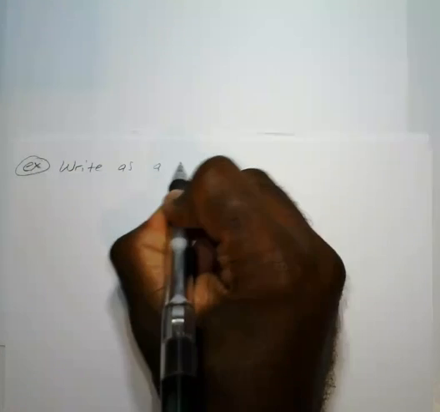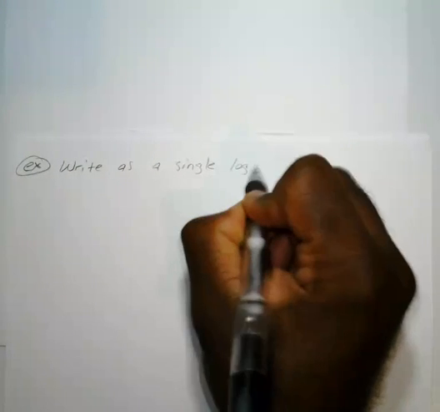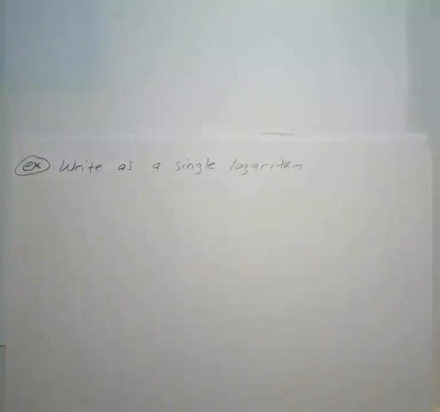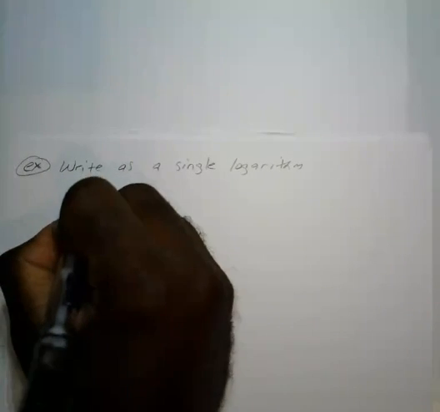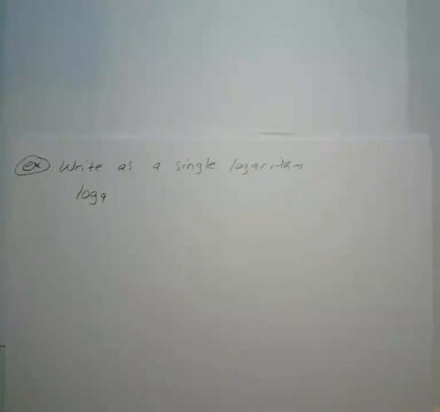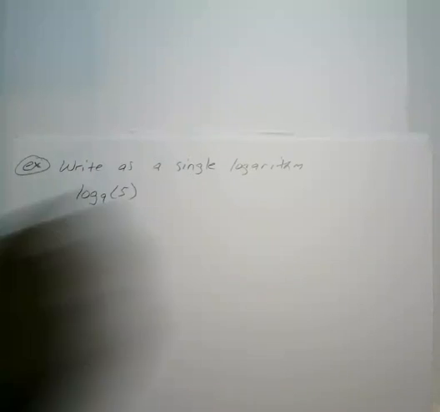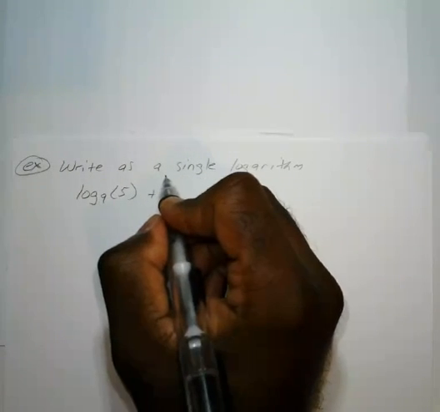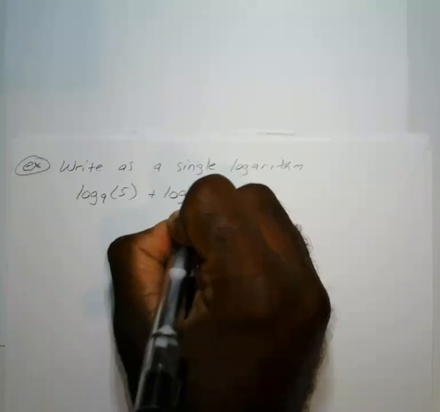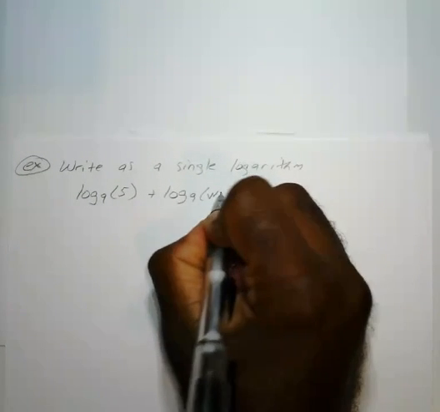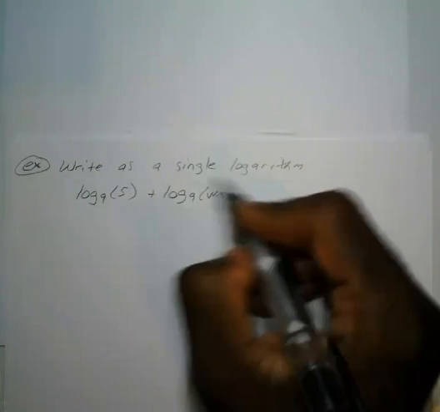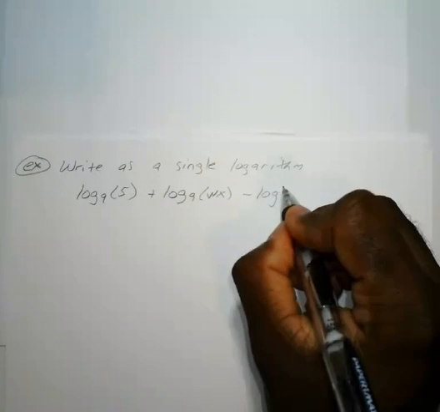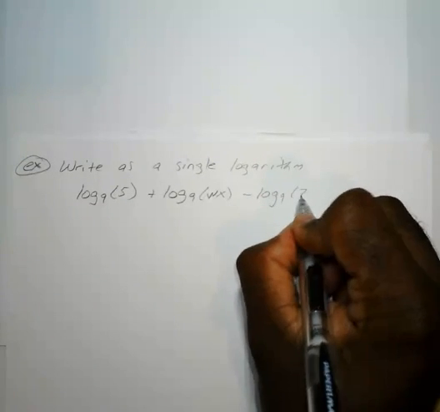Okay, so let's say we wanted to write as a single logarithm. Okay, so if we have log base 9 of 5 plus, say, log base 9 of w times x minus log base 9 of z times y.